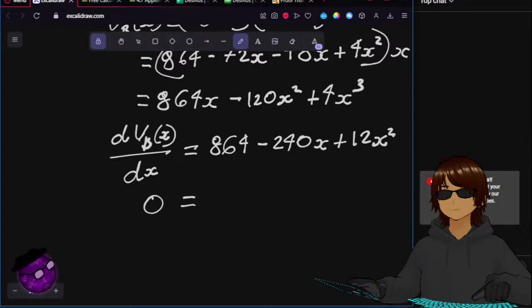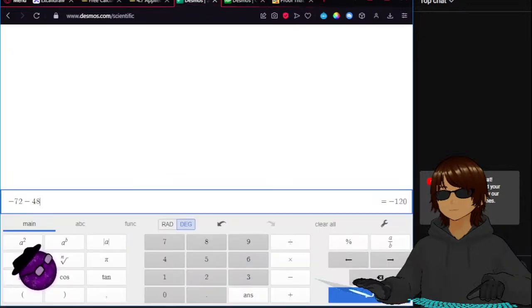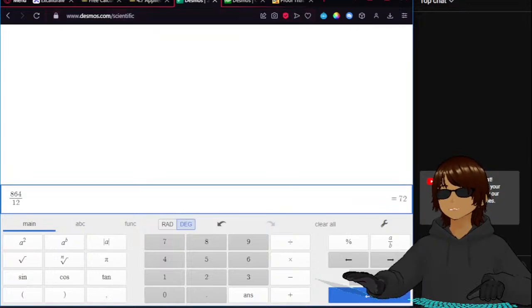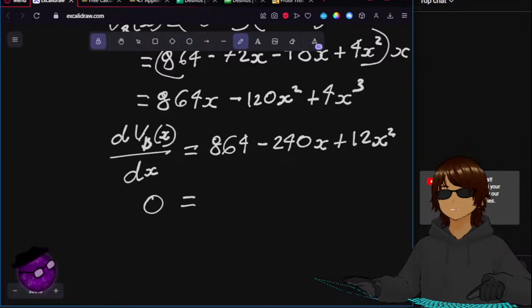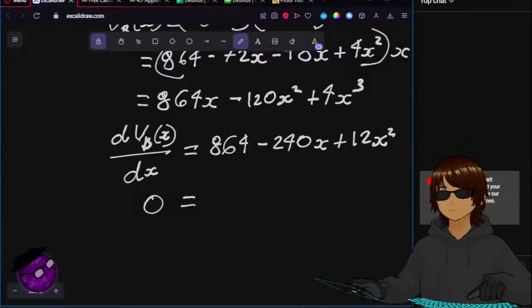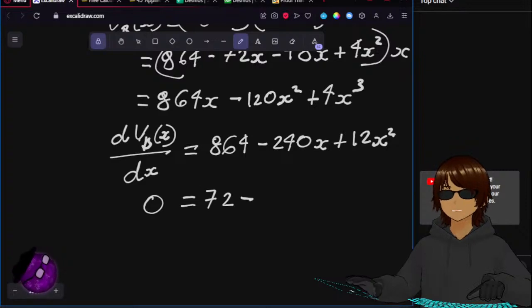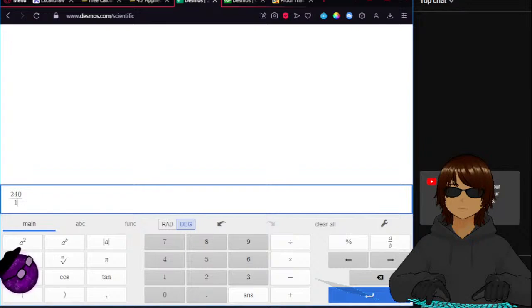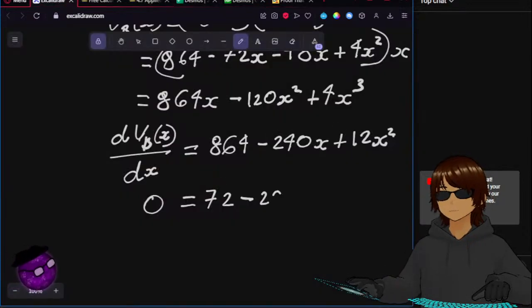So this is 0. Can I divide 864 by 12? 864 divided by 12 is 72. 72 minus, is it 20? Yeah. 20x plus x squared.